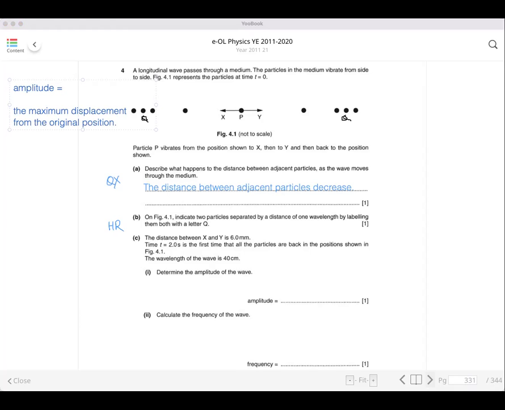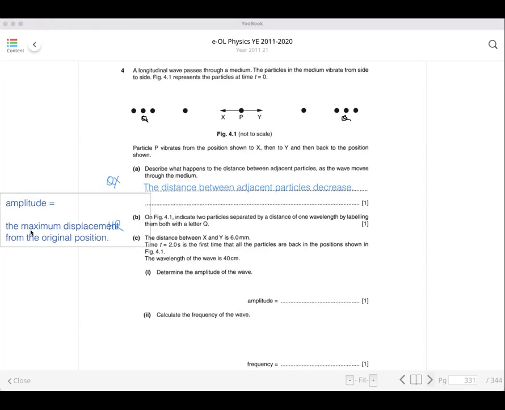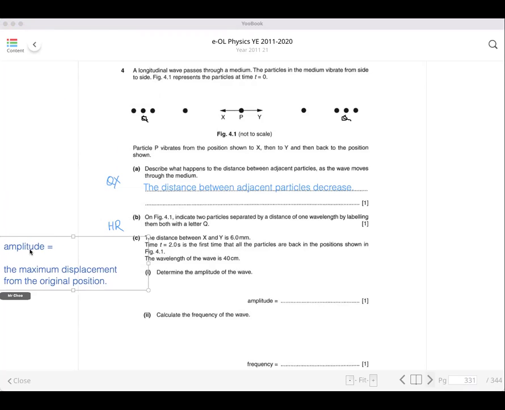Does that make sense to you now, Ryan? It's the maximum displacement. That's why you call it displacement, because you're taking it away from its original position. So it's the maximum displacement from the original position.